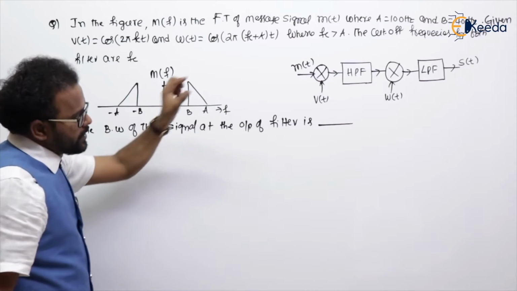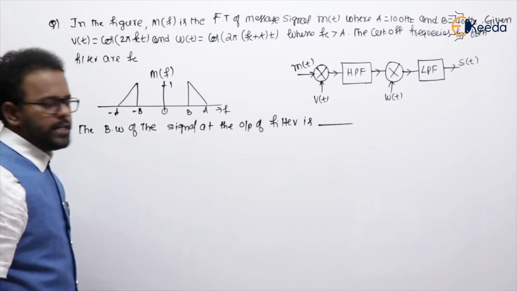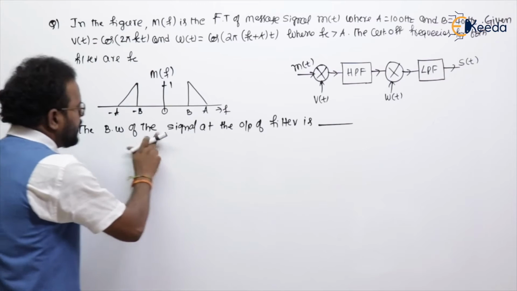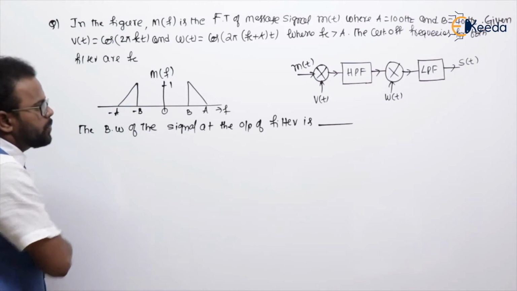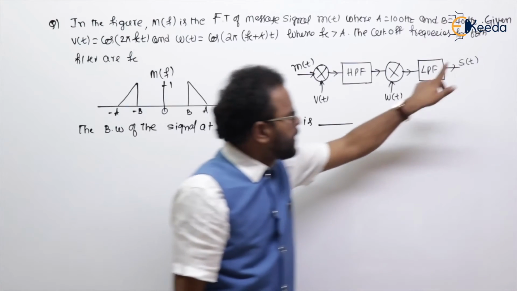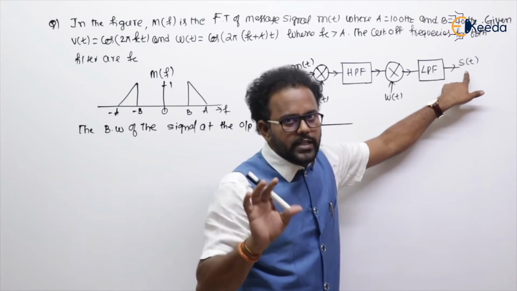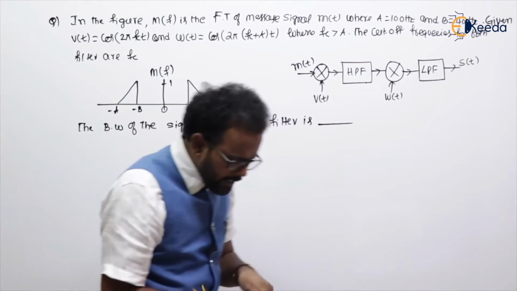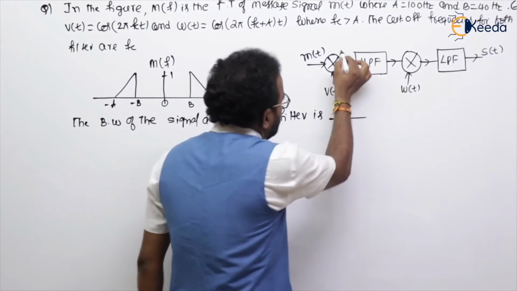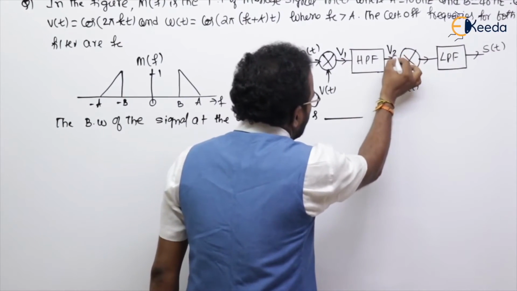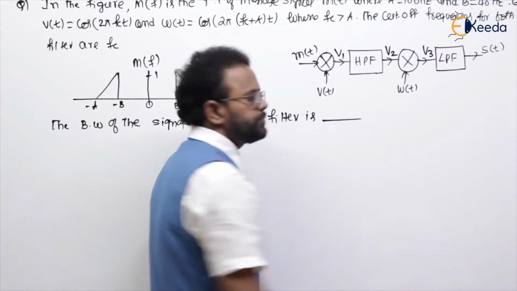Now he has given a block diagram with M of f. What is asked? The bandwidth of the signal at the output of the filter, that is, the bandwidth of s of t. For our ease of understanding, let me take v1, v2, v3.